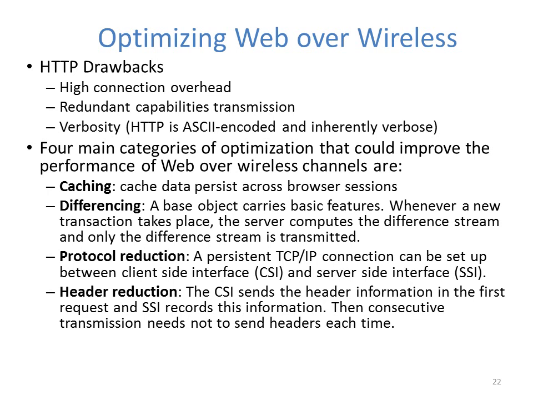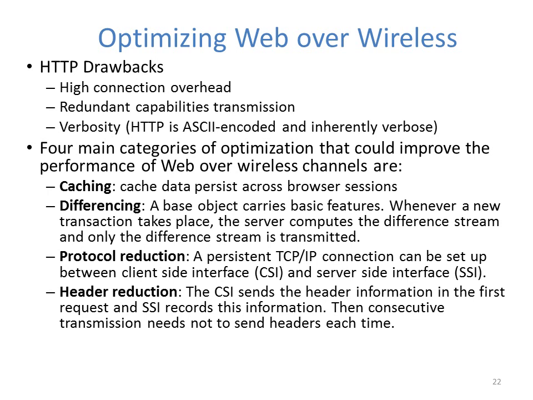So based on all this, we can define four different categories of how to optimize the web browser. One is caching, differencing, protocol reduction, and header reduction. Caching means caching the data that persists across browser sessions. Next, differencing.